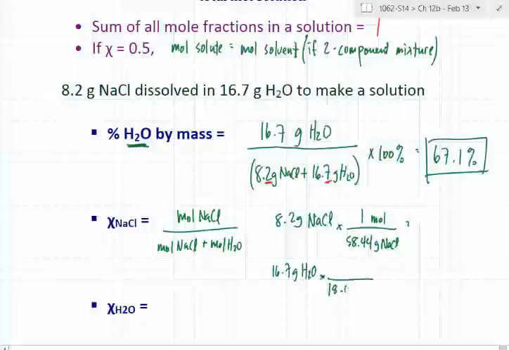Divide that by 18.016. Okay. If you're writing any of these intermediate values down, keep some extra sig figs so you don't have a rounding error. We've only got 2 sig figs from our 8.2. So what'd you get for moles NaCl up here? 0.1403. Yep. Okay. And then moles of water.